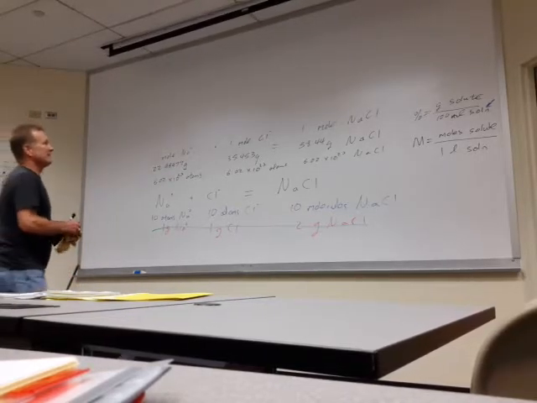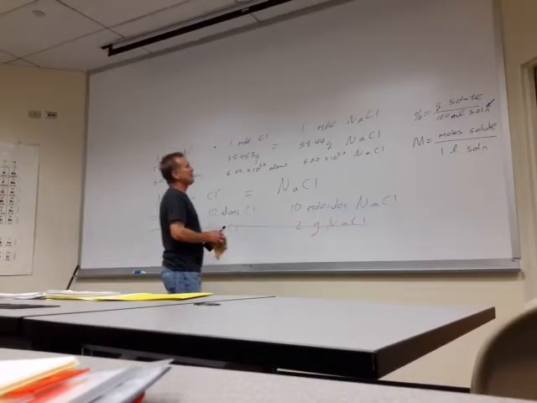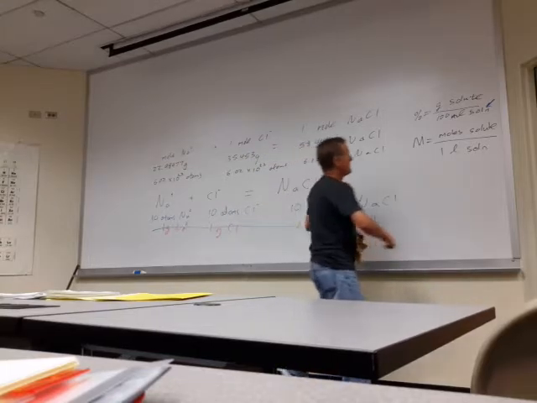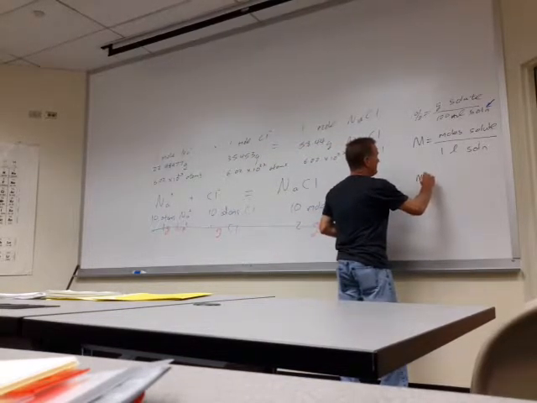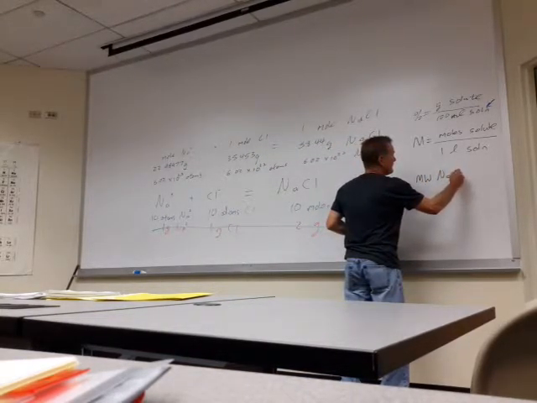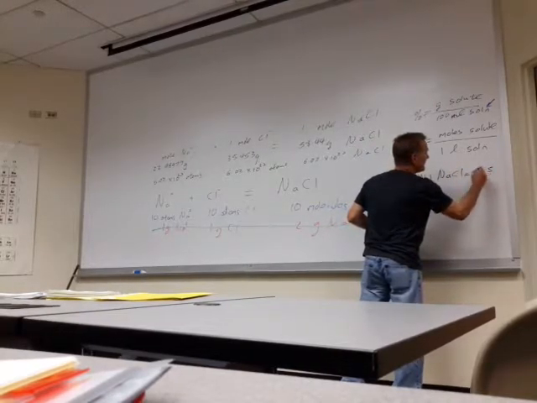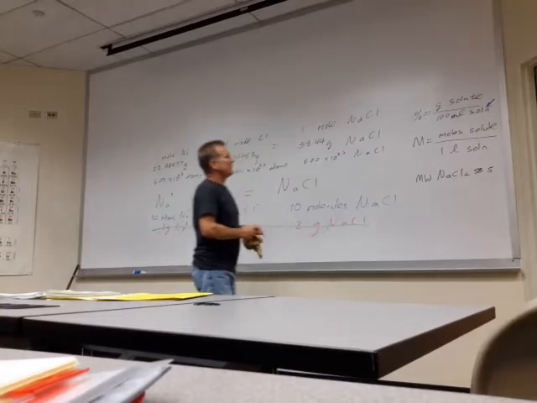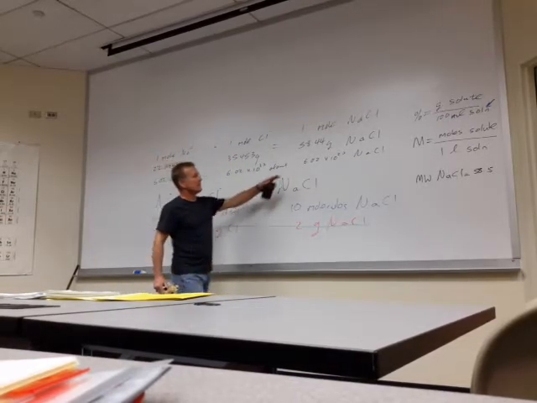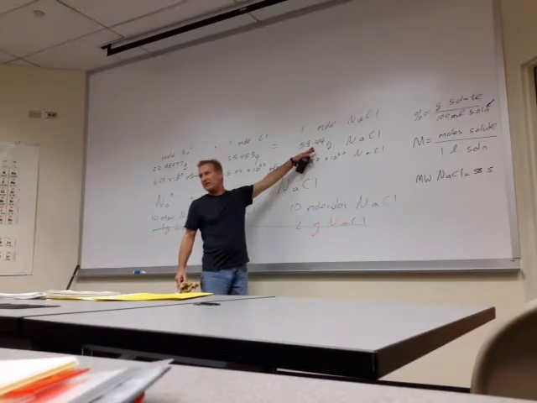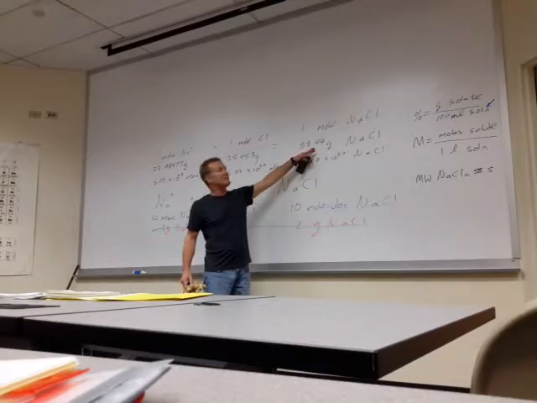There's an interesting thing to point out here. People don't round this correctly when they round it to 1 decimal place. If you round it to 1 decimal place, it's 58.4.